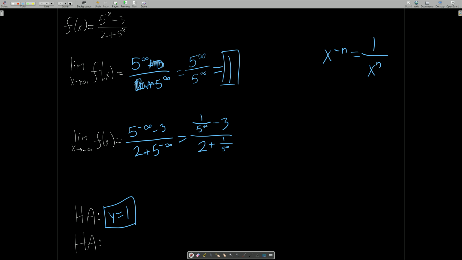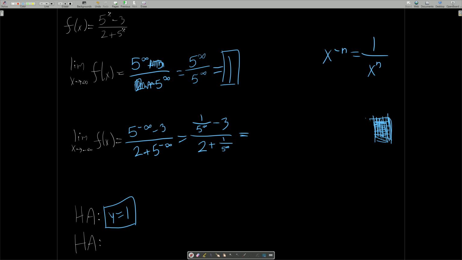Now 1 over 5 to the infinity. 5 to the infinity is just an absolutely huge number. And this is 1, this really small number, over 5 to the infinity, this really big number. Again, if I cut a cake into an infinite amount of pieces, and I give one piece to you, you're going to say it's basically nothing, right? Because I cut the cake into so many pieces. Because I gotta feed an infinite amount of people.